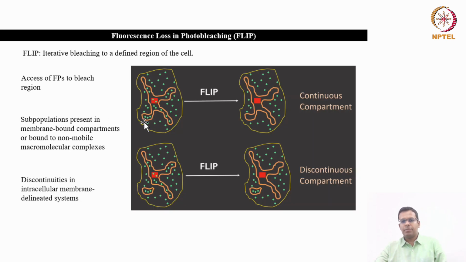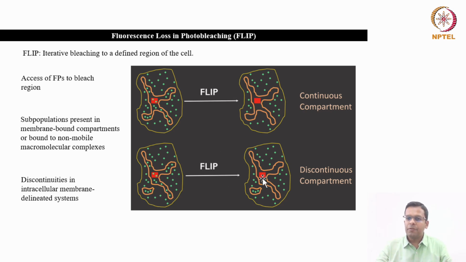Similarly, here is another example of FLIP. You can see this is a continuous compartment, some cell organelle which is continuous, and here you can see there is a discontinuous compartment. You want to see whether a compartment is continuous or discontinuous. This red area is your bleaching spot. You do iterative bleaching at this red spot so that all the fluorescent molecules in this structure will be bleached.